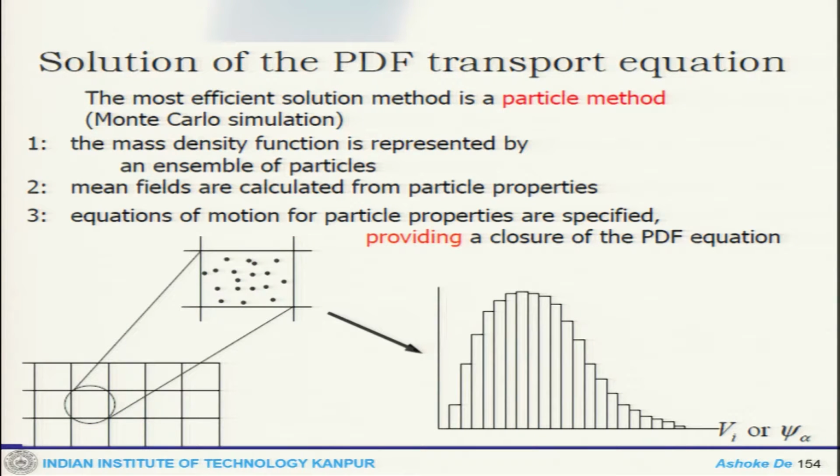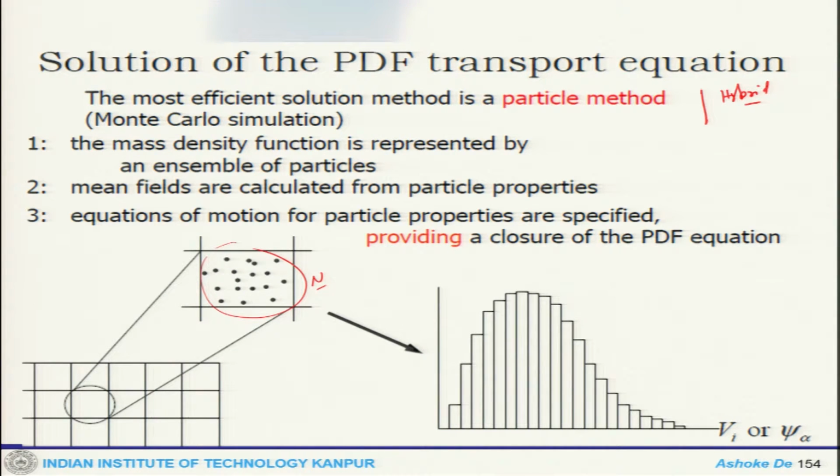The solution procedure would be in a similar fashion. You need a hybrid approach, that means you will solve some of the mean quantities in the Eulerian framework, and then in each computational cell you have some n number of particles. These particles are going to have some mass, they are not massless particles, and they will also be exposed to reaction, mixing and turbulent fluctuation.